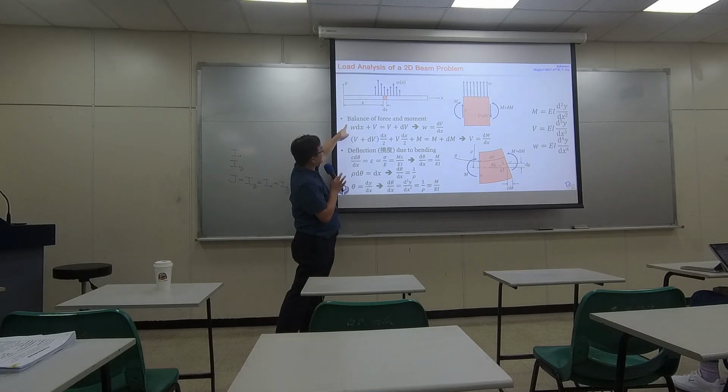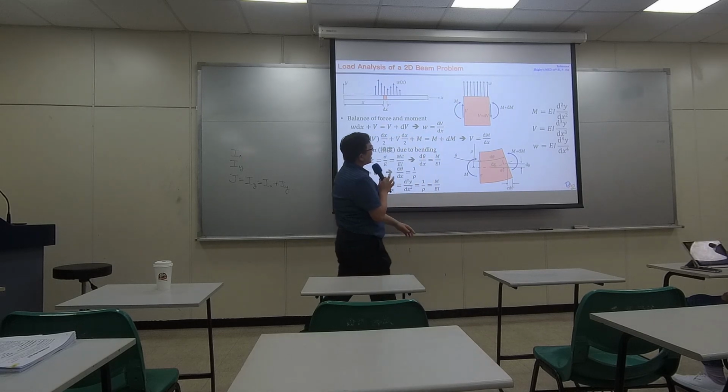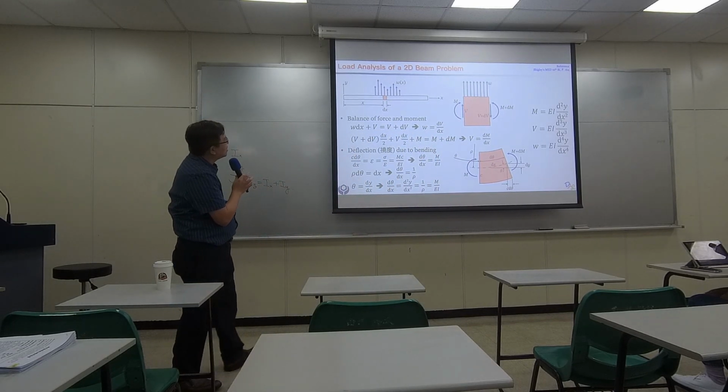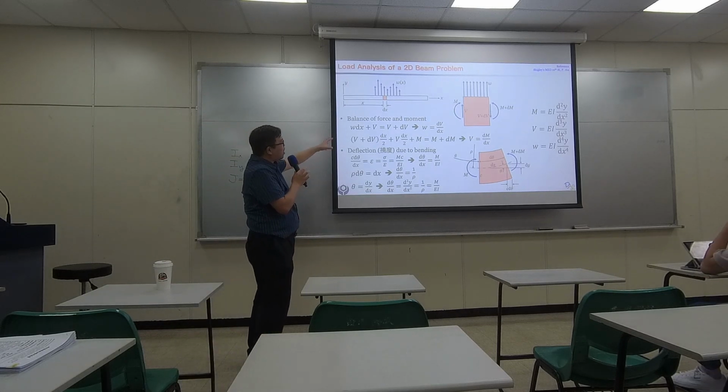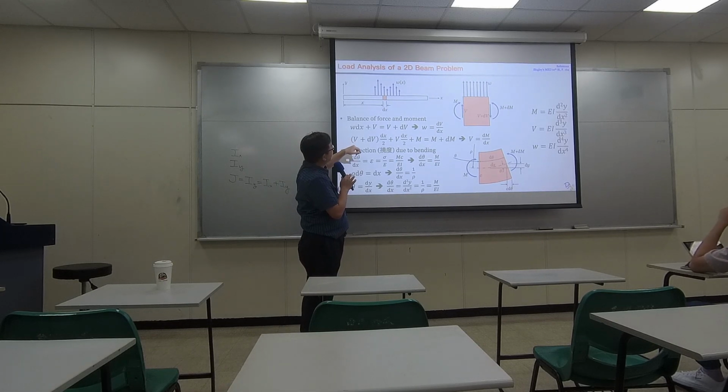First, we use the balance of force and moment on this pink rectangle area to derive the following equations. First one is the balance of force. So whatever goes up is on the left-hand side of the equation.